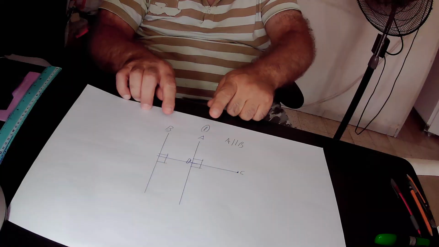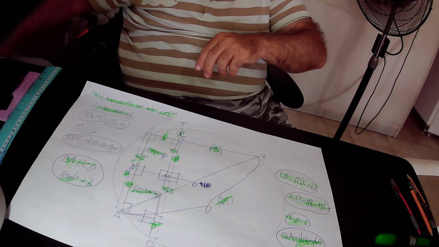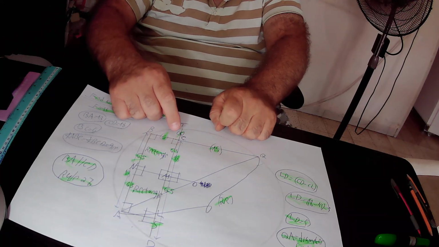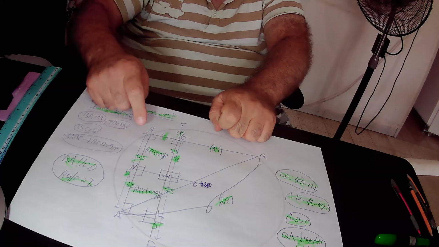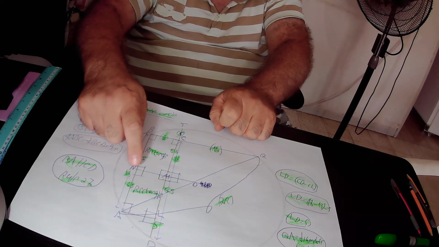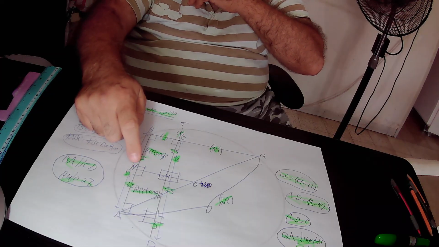Because they are parallel to each other. Therefore, the extended perpendicular OM to CD must also be perpendicular to chord BA. So this angle equals 90 degrees, and this angle also equals 90 degrees according to what I've already explained to you.